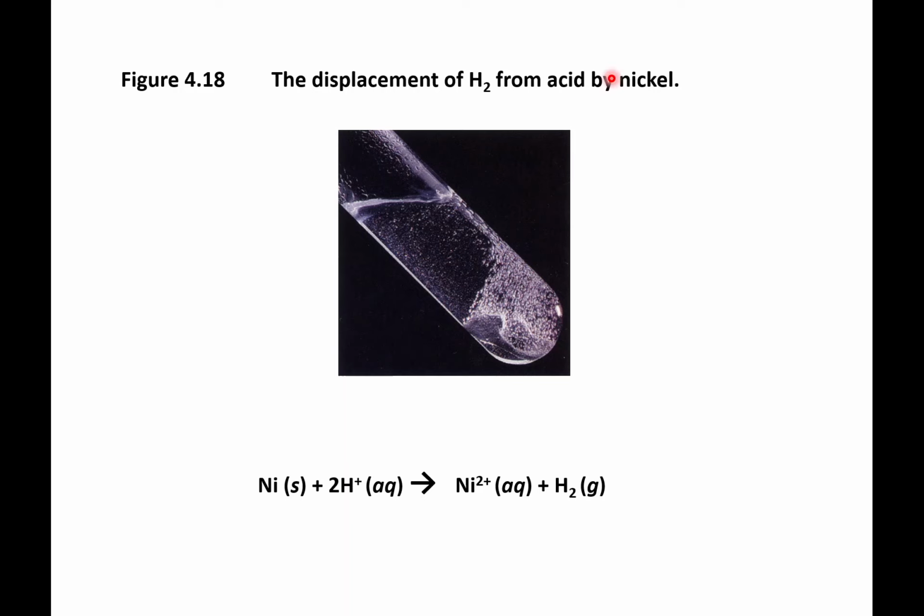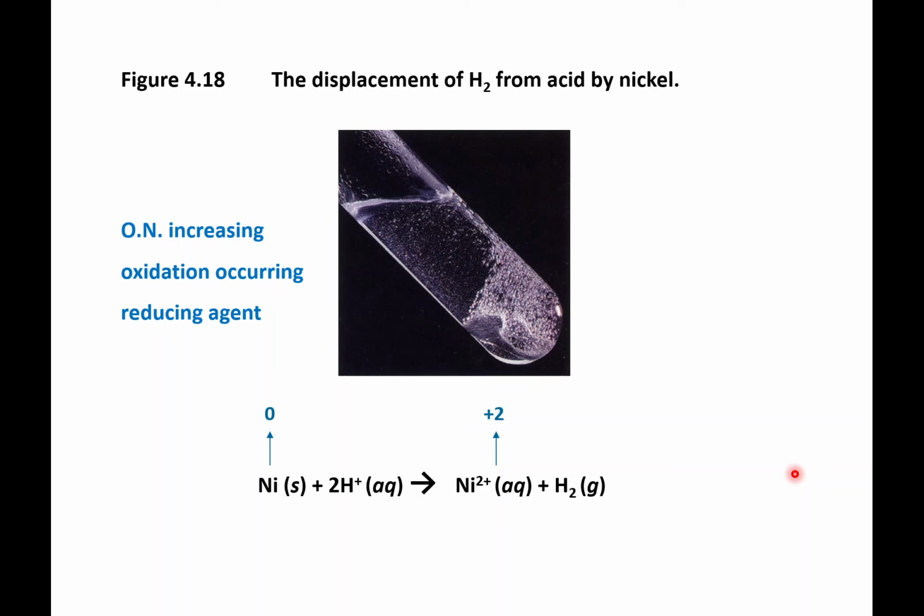If we look at the example of adding a solid metal like nickel into an aqueous solution of acid, nickel will displace H2 from the acid and form H2 gas, and the nickel will dissolve. This is a redox reaction. Nickel is going from 0 oxidation state in the solid to +2 in solution. Oxidation numbers increasing means oxidation is occurring here.